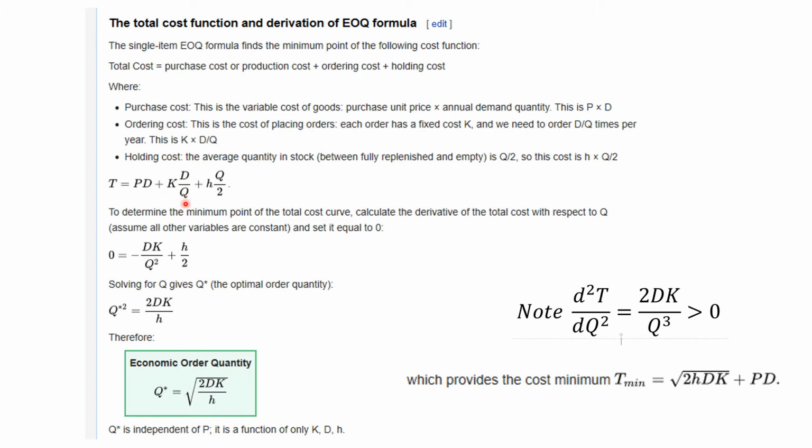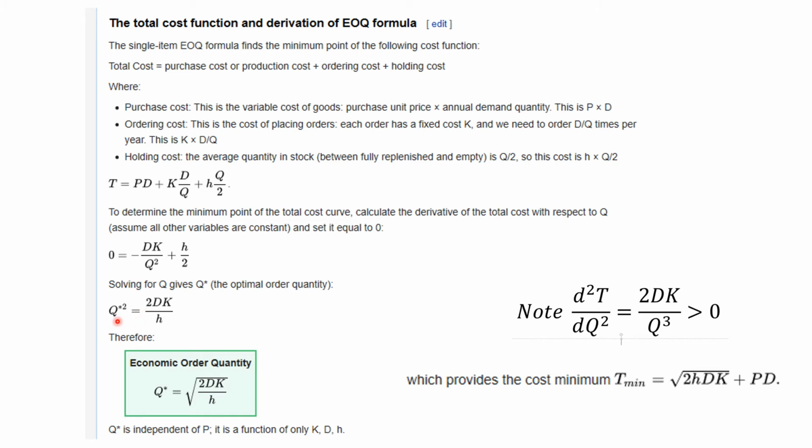This is KD times Q to the minus 1, so the derivative of this term is going to be minus KD over Q squared. And this is just H over 2 times Q, so the derivative is going to be H over 2. We set that equal to 0 as we have done before to find the critical values. So we can solve this for Q, and this is going to end up being the optimal value.